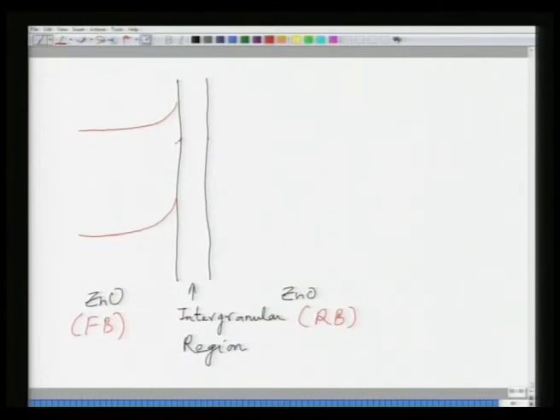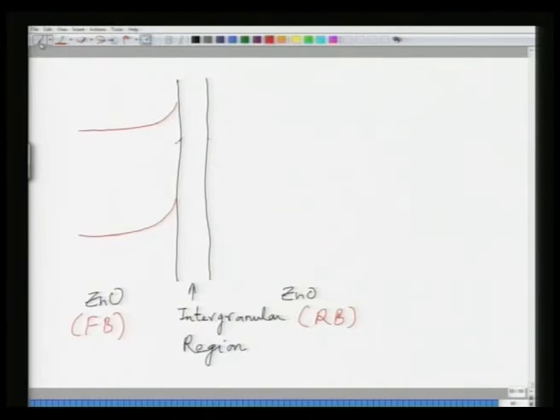In a p-n junction, forward biasing would mean you make the p type more positive. So, p type becomes positive and n type becomes negative, allowing the flow of current through the junction. Okay. So, this is forward biasing, and reverse biasing is the opposite. P is connected to the negative terminal and n is connected to the positive terminal. I will not go into details of this. If you want to learn about this, you can go through any elementary solid state physics book.